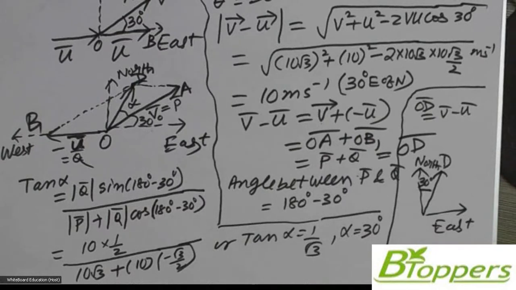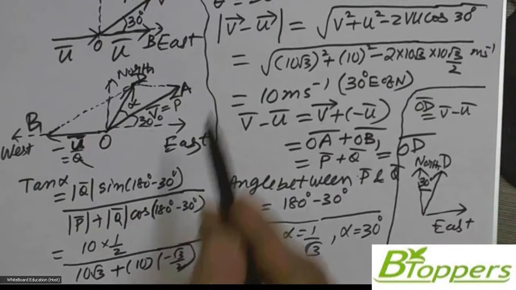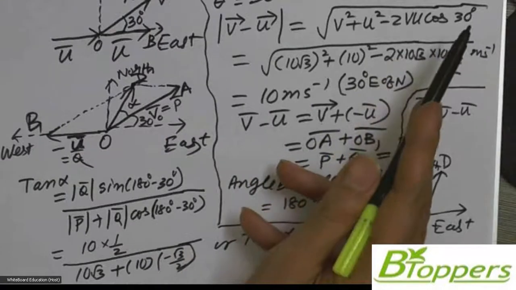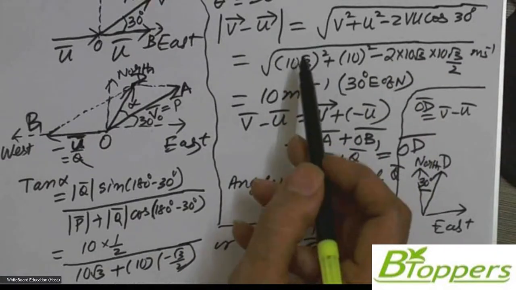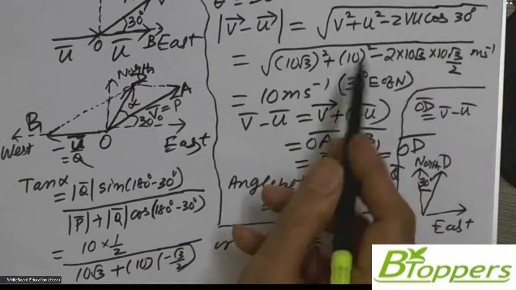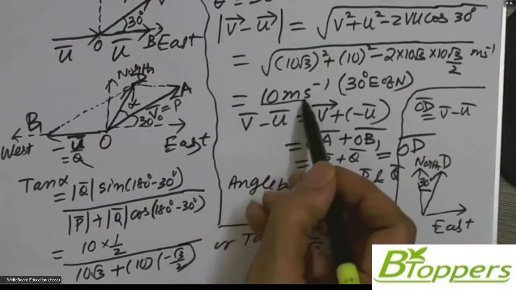But in case you are just asked only to find the magnitude of the change in the velocity vector, if you are not asked the direction of the change in the velocity vector, then this method will be definitely easier, because you can just find mod of v bar minus u bar by using the formula: mod of a bar minus b bar equal to root of a square plus b square minus 2ab cos theta. So then the workings will be over after this step.